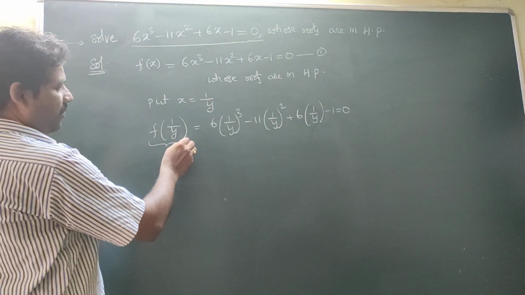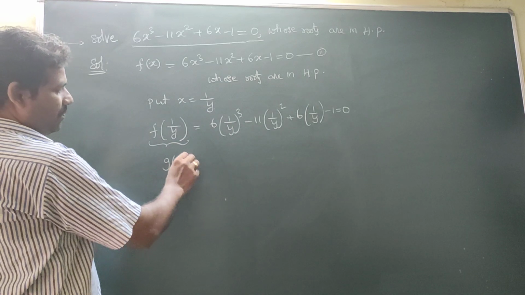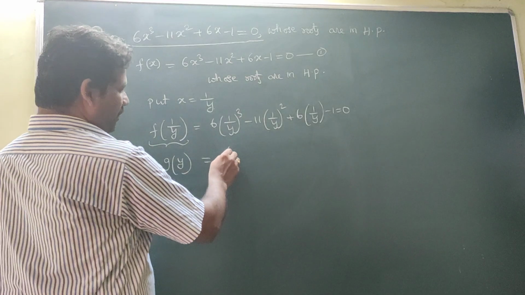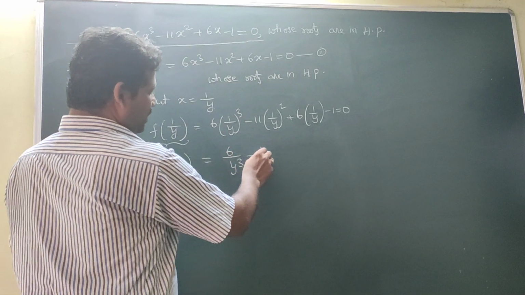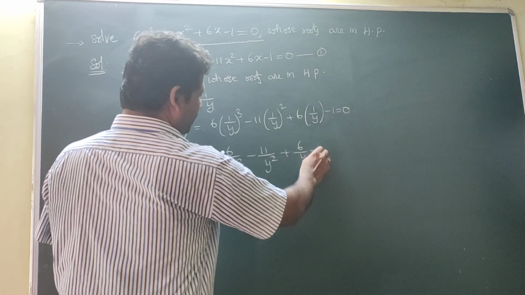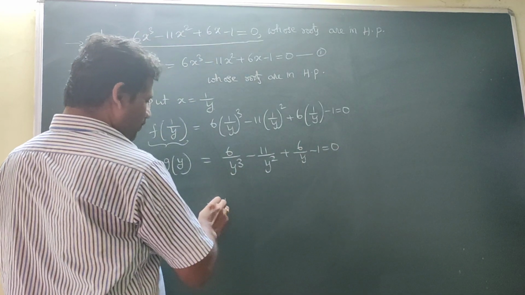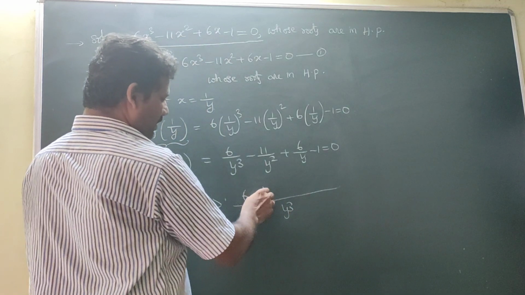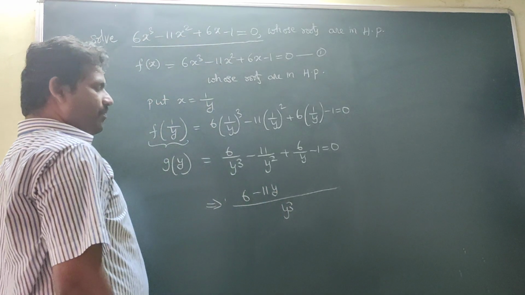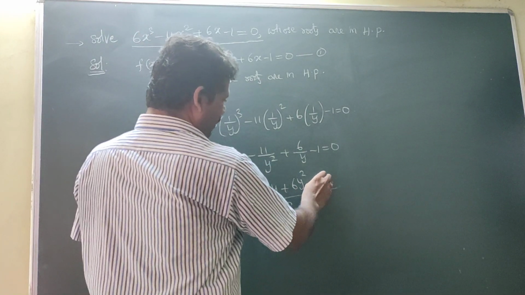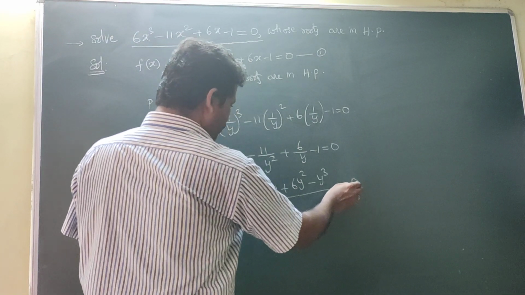This f(1/y) I am taking as g(y), that is the function of y. 6/y³ − 11/y² + 6/y − 1 = 0. That is 6 − 11y + 6y² − y³ over y³ equal to 0.